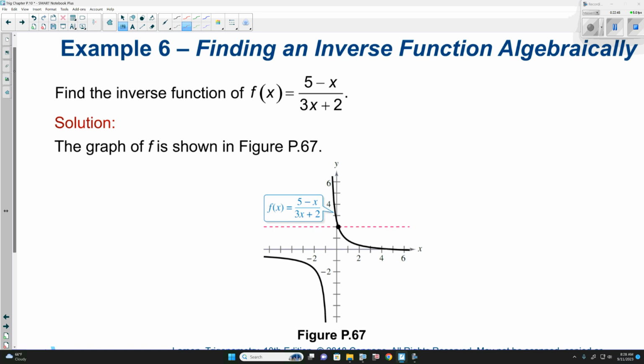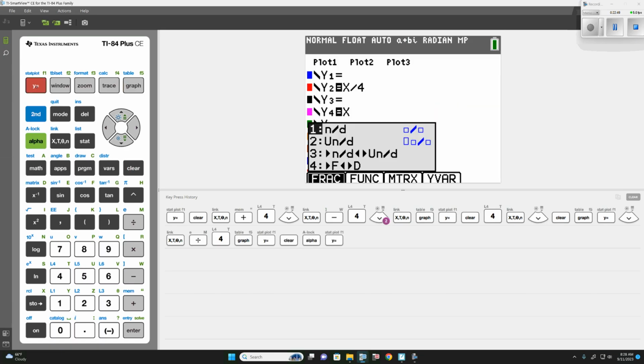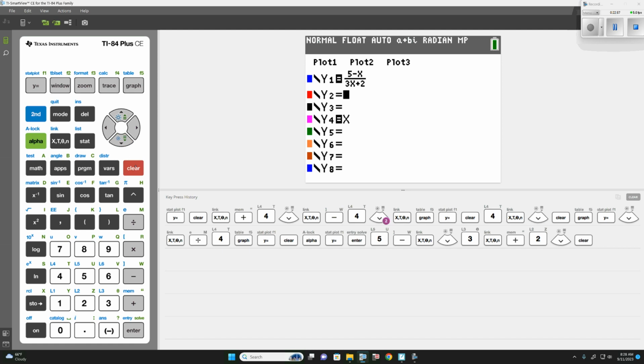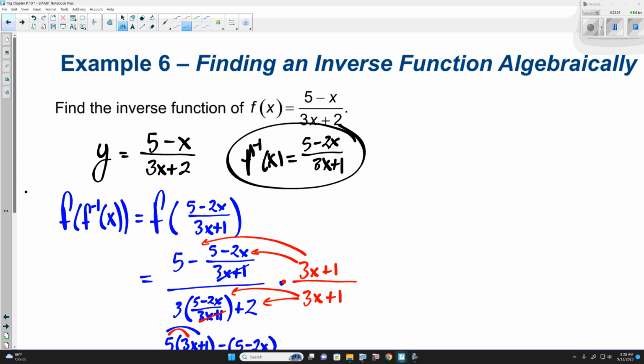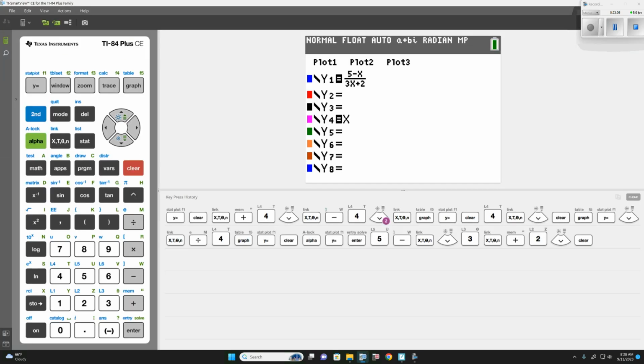5 minus x over 3x plus 2. Clear that out. 5 minus x over 3x plus 2. Yep. 5 minus 2x over 3x plus 1.